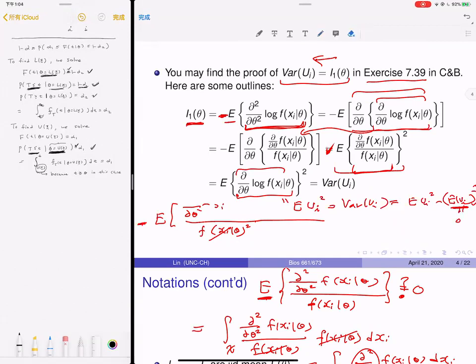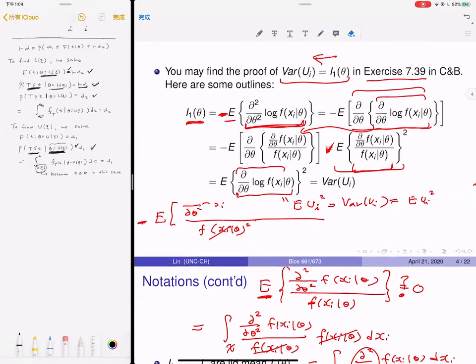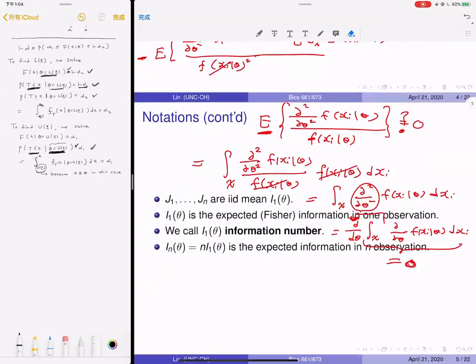So of course I can take everything out right here, it becomes E of Ui squared, then becomes the variance of Ui. Okay, so that means in terms of the score function, by derivation, Ui right here, the mean is 0. The variance of Ui is I1, the information number.